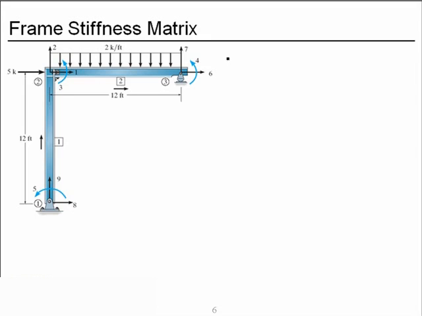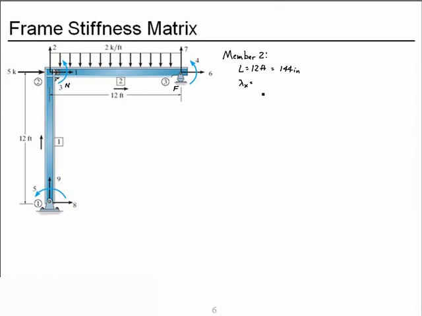Now member 2. The near node for member 2 is node 2. The far node is node 3. The length of the member is 12 feet, and so that is also equal to 144 inches.